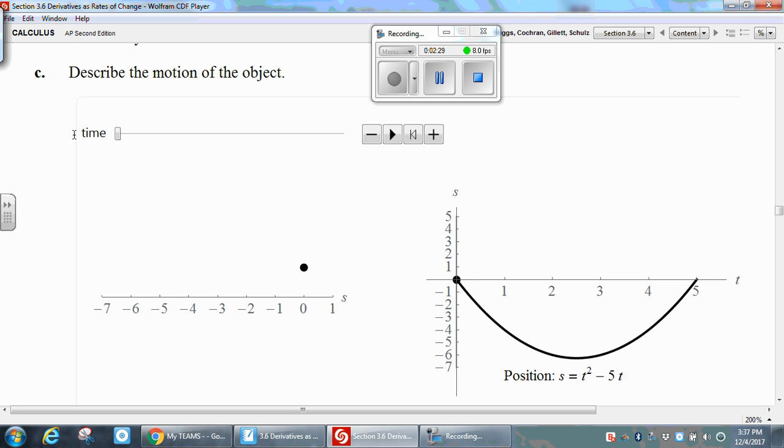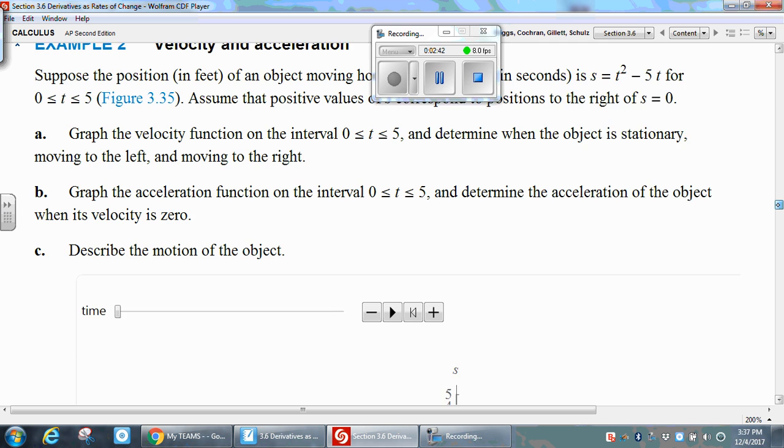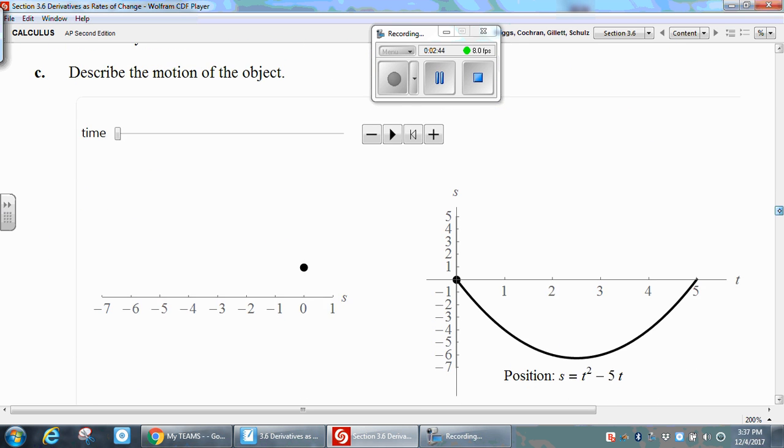I was playing with this earlier. Okay, let me make sure I'm in the right problem. Is this the right problem? Yes. So this is how the position, if you were to graph it, will look. Okay?